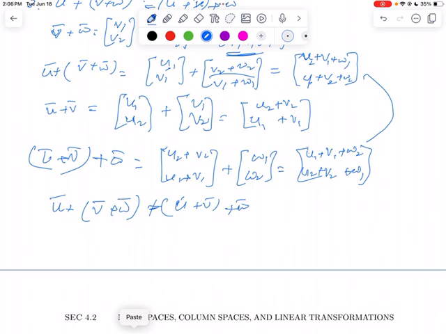Hence, the property fails, and so we can say that S is not a vector space. So this is how we do these problems. Now there is one more left. Let me do it in the next video.